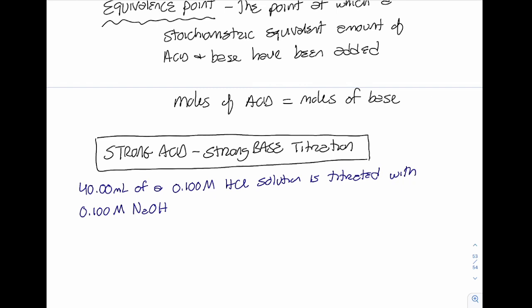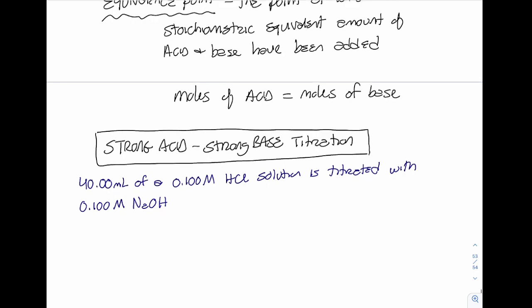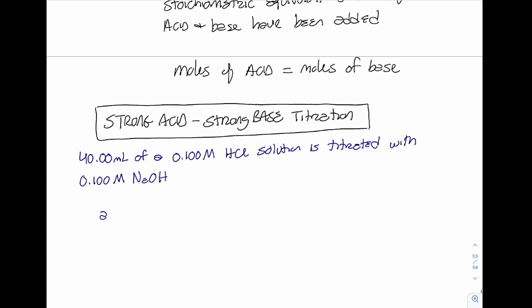So hydrochloric acid is a strong acid, sodium hydroxide is a strong base. And a couple things we're going to calculate. Our first one is the volume of sodium hydroxide needed to reach the equivalence point.